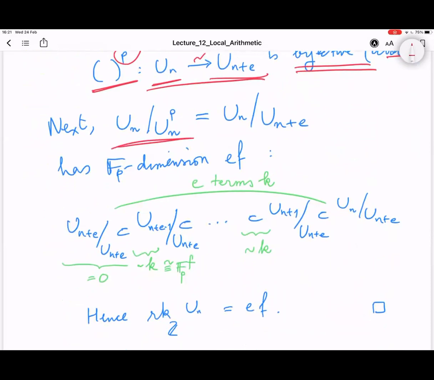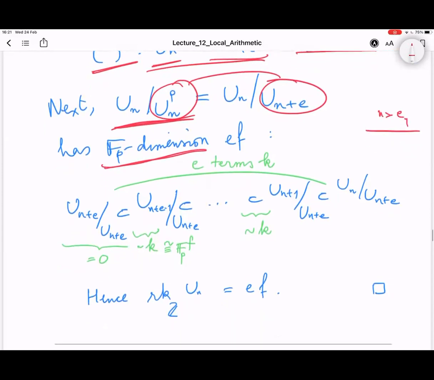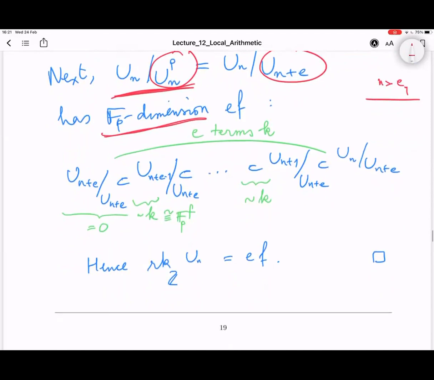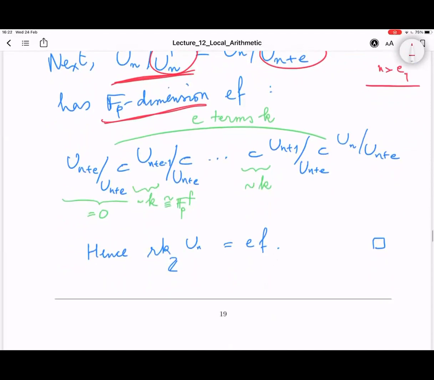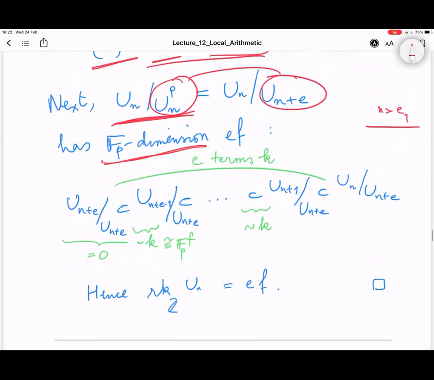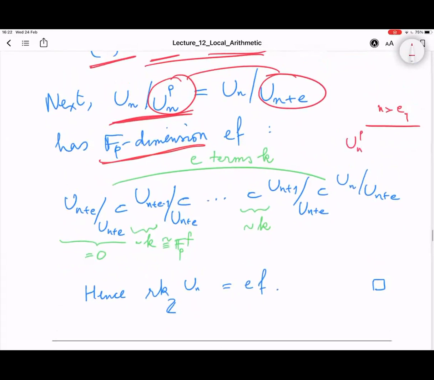So in order to find out its rank, I just need to find the dimension of U_n modulo U_n to the power p as an F_p space. And U_n to the power p is the same as U_{n+e} when n is strictly greater than e_1.